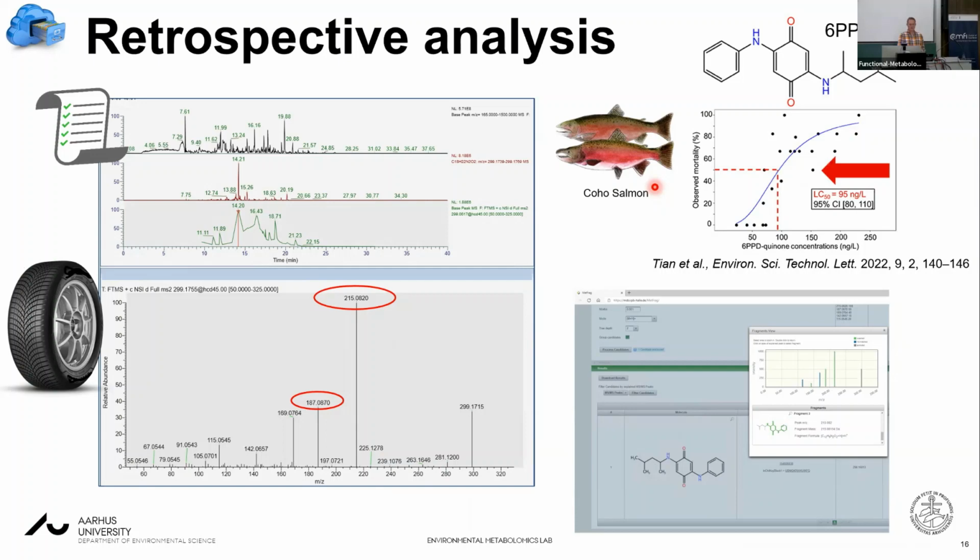So from the same data set, when we presented this, the authorities are very interested in it, of course, but they also found some reports that were published recently about some chemicals that are being used in tire production for cars, and this substance that is being used as an additive in tire production, that's not so good if you are a salmon or a trout living in rivers near roads, because it has been found out that the lethal concentration of this substance is around 95 nanograms per liter.